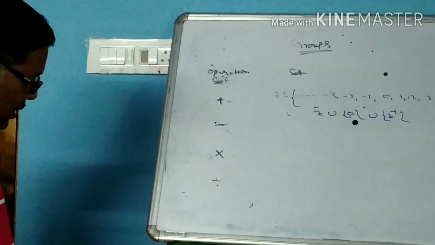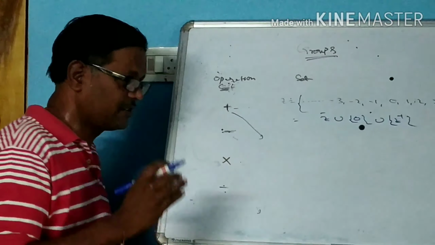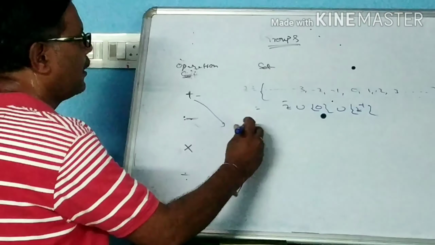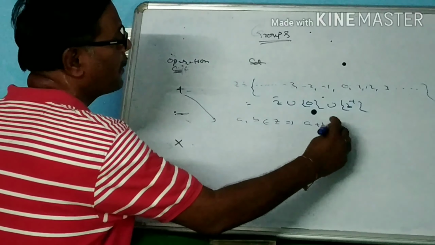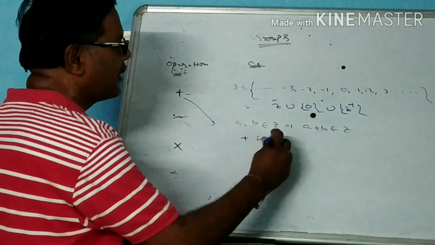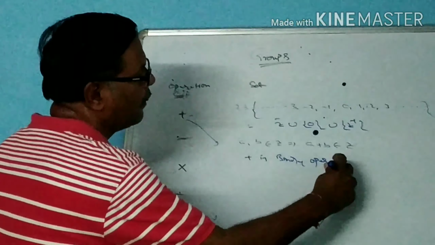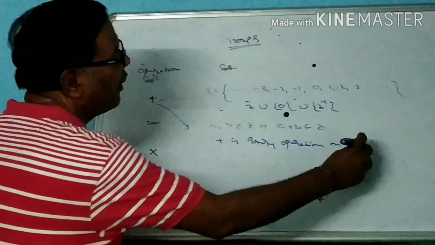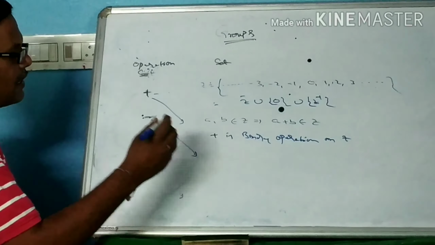Now I am going to discuss whether addition is a binary operation on Z or not. For example, a, b belongs to Z implies a plus b belongs to Z. Clearly, addition is a binary operation on Z. Next, subtraction.